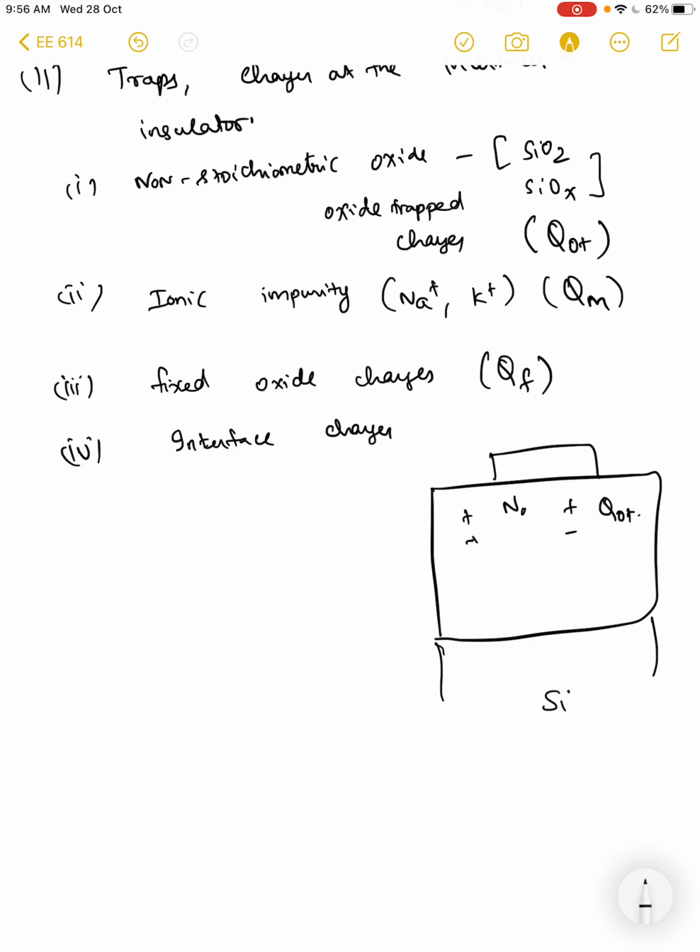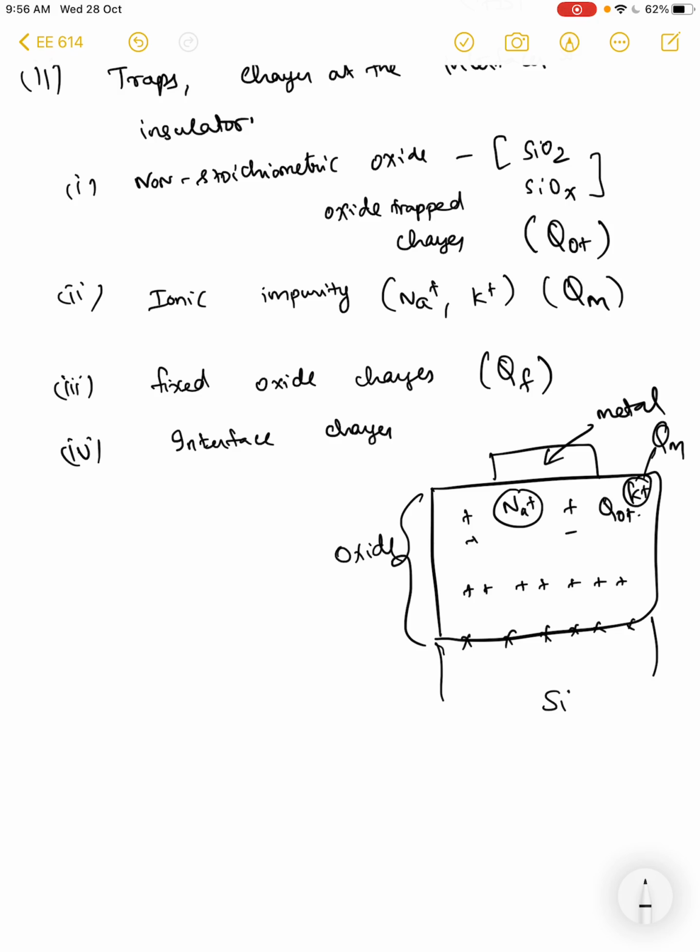You have metal ions of density QM. All of these are in the insulator. This is our oxide and this is our metal. And very close to the interface, you have what is called the fixed charge densities, something of this sort, okay? And then right at the interface, and this we saw before, right?